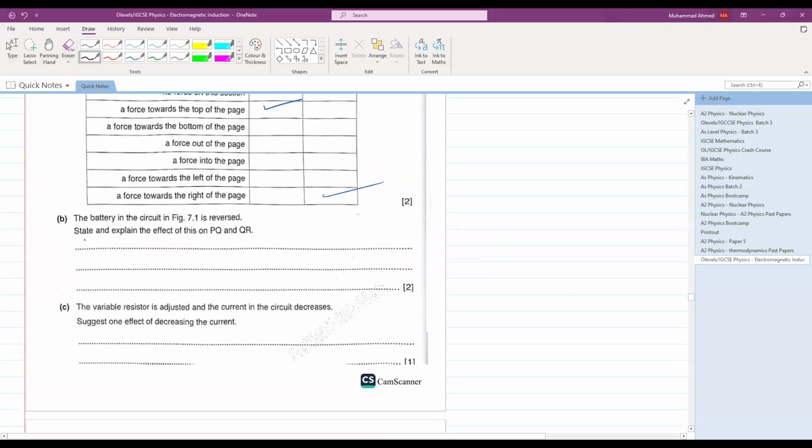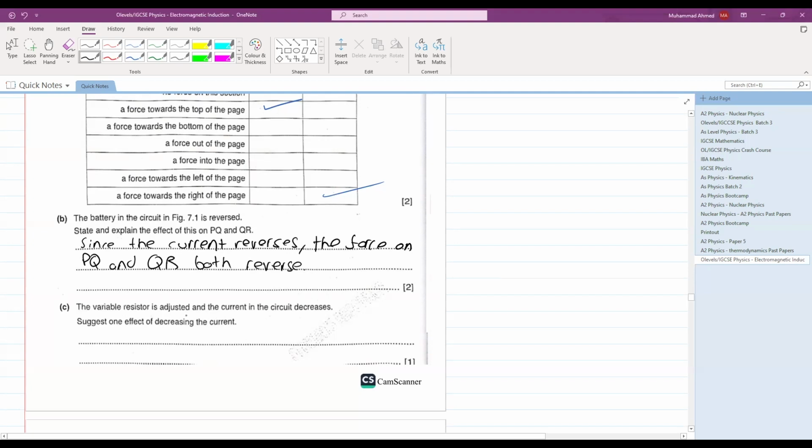You can say since the current reverses, the forces on PQ and QR both reverse. Simple.